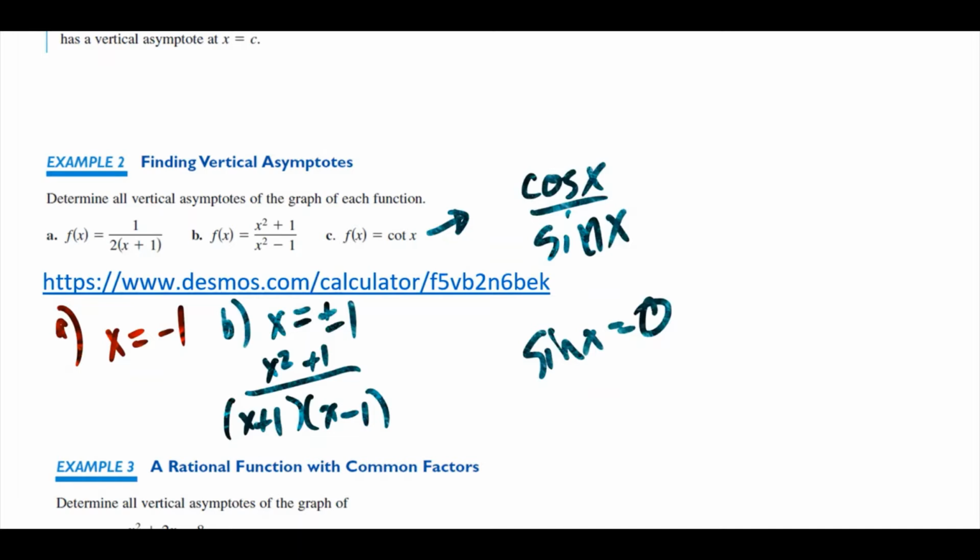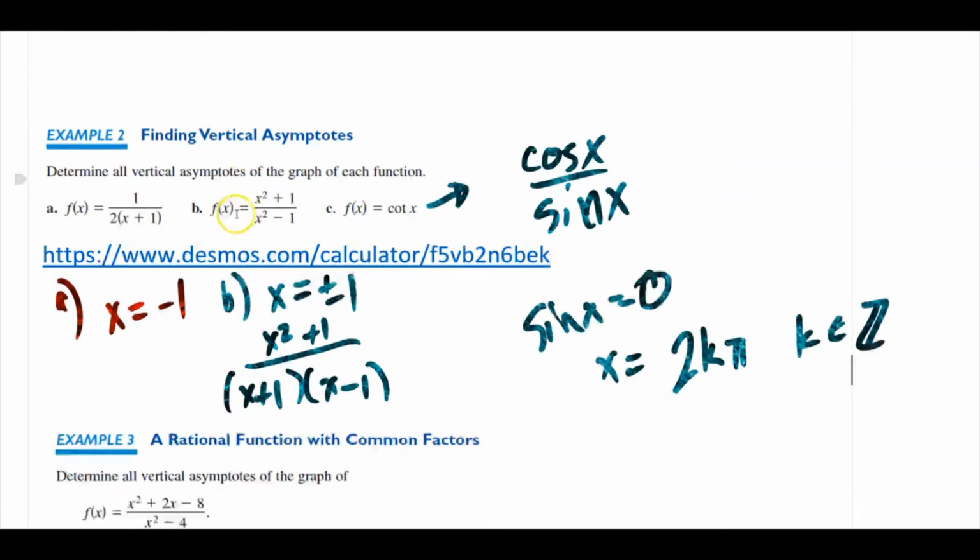And for the last one, we have cotangent, which is cosine of x over sine of x. Sine of x equals 0 when x is 2k pi, so even pi's, where k is an integer. And so that's where our vertical asymptotes will be.